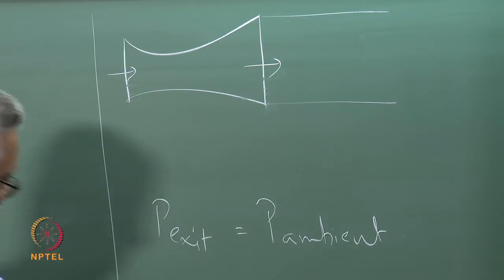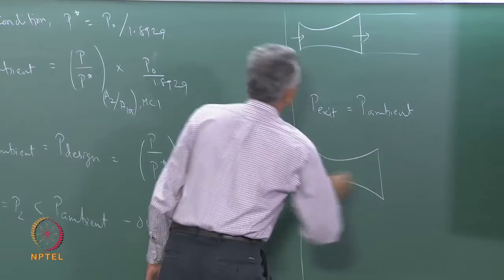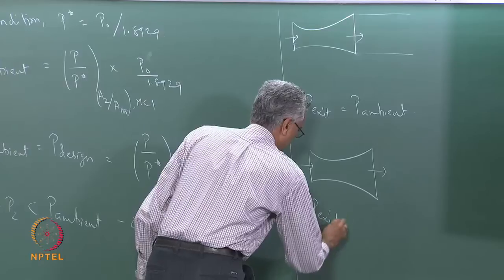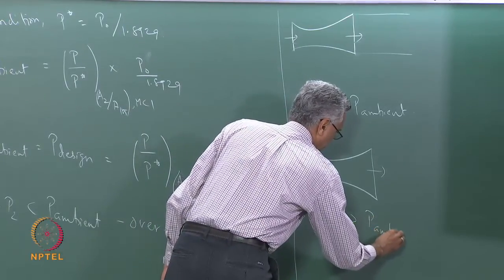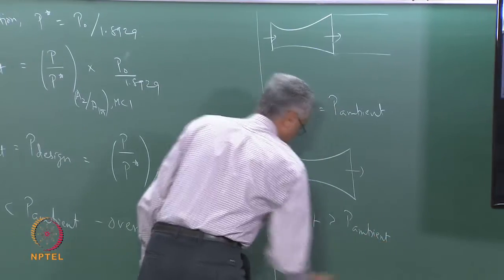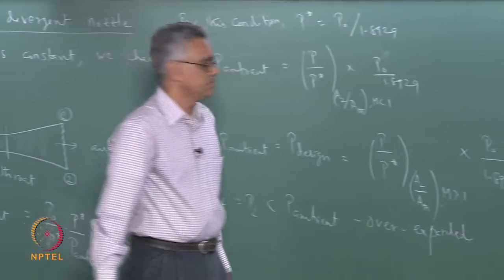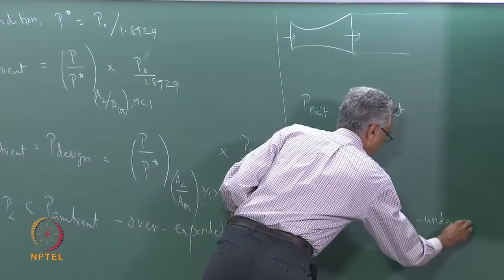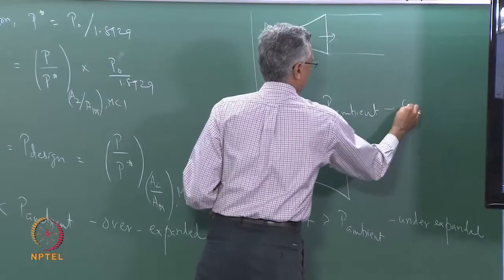Now if P exit is greater than P ambient, that means the flow has to be expanded. This is under expanded and this is correctly expanded.